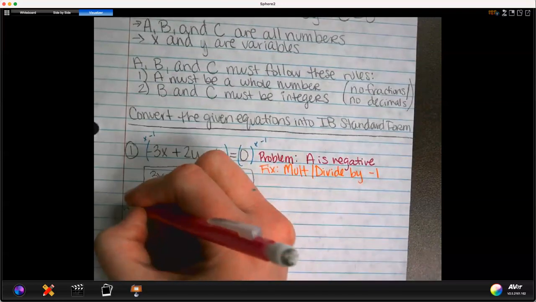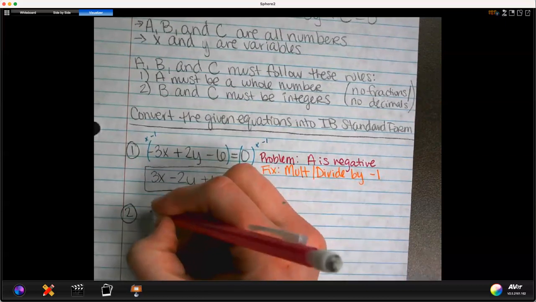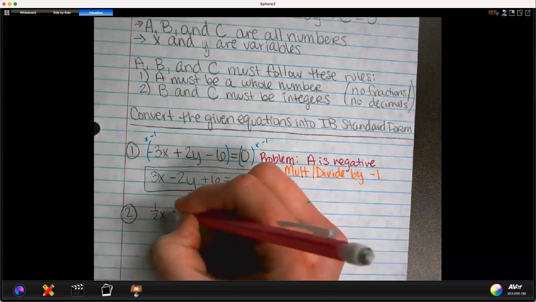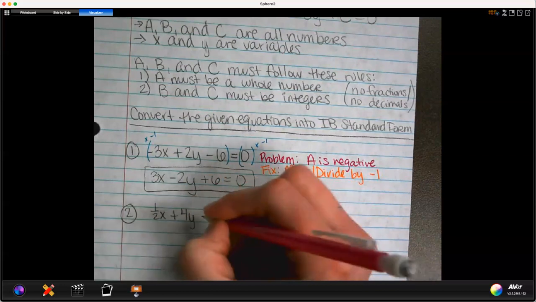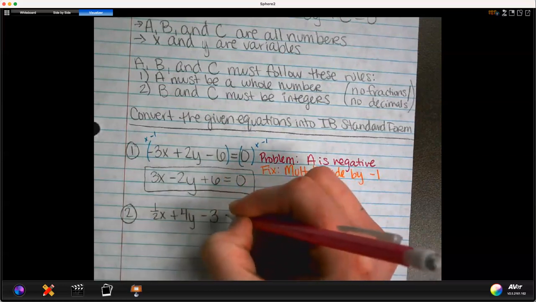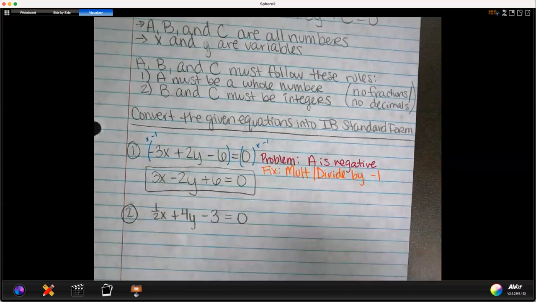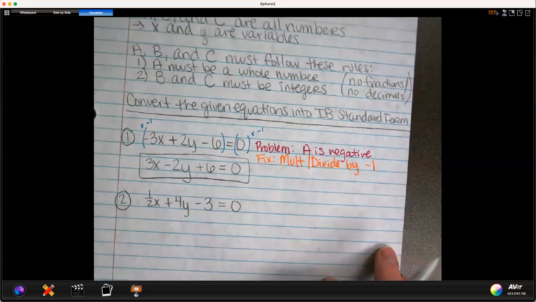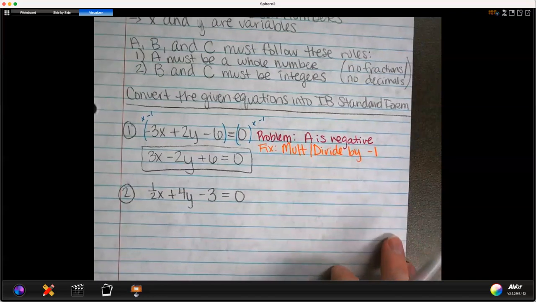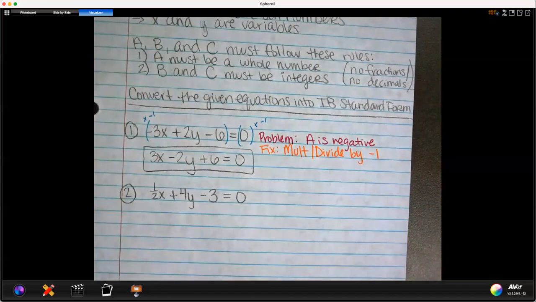So number 2, 1/2 x plus 4y minus 3 equals 0.